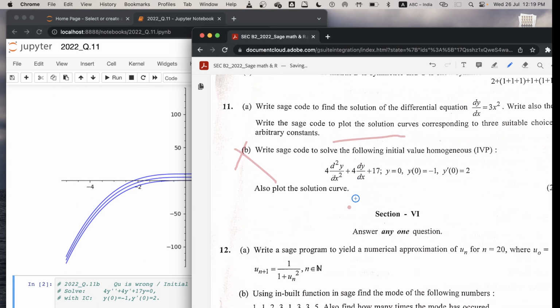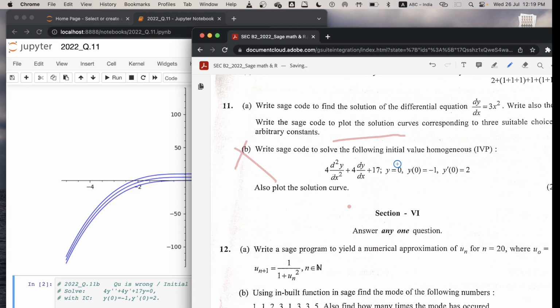Next, question 11b. Write Sage code to solve the following initial value problem and plot the solution curve.